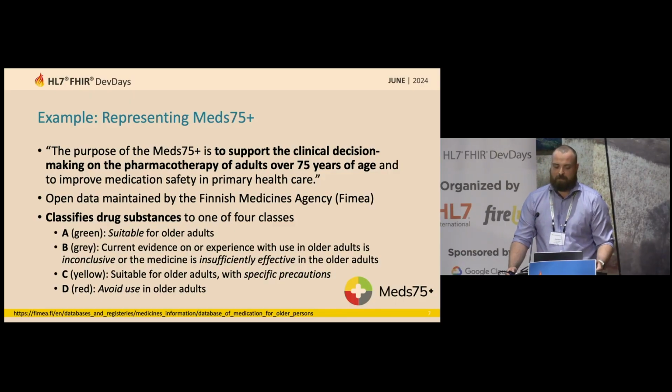And it classifies them onto 4 different classes or levels, from A to D, A being the ones that are suitable substances for the adults, B being the ones that are either inconclusive evidence or that are insufficiently effective. C is those that are suitable with specific precautions, and D is those that are best to be avoided.